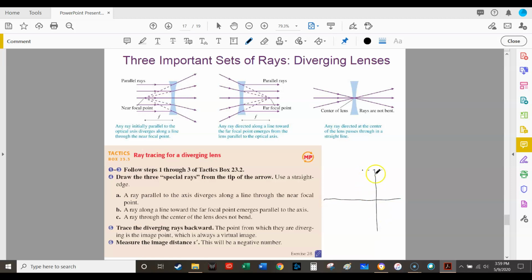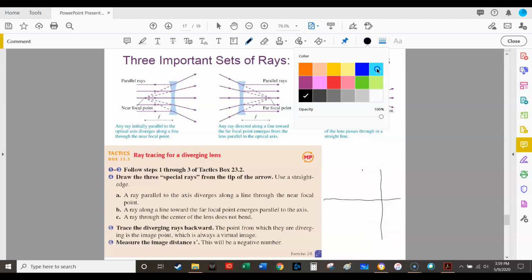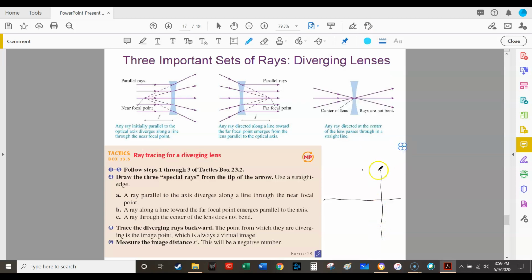Actually, I'm going to use a black line for the center of the lens, and I'm actually going to draw the lens in baby blue. So the lens is going to be here, and it's going to be a double concave lens. I'm not doing a very good job at doodling, and I apologize.